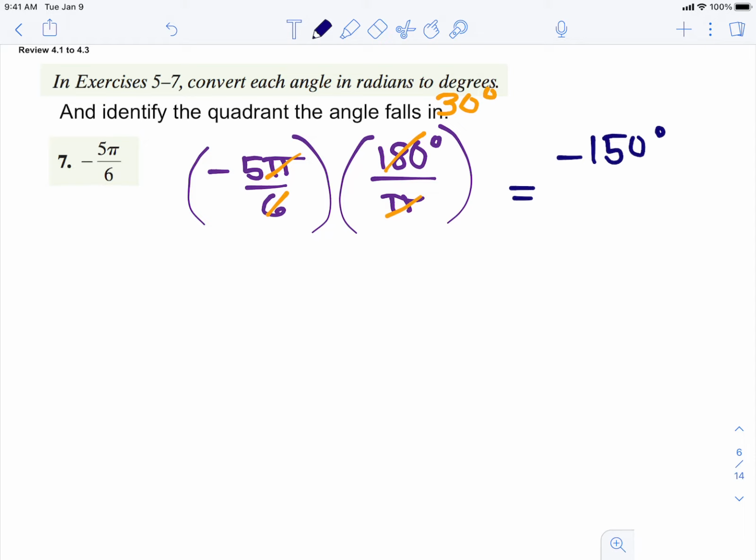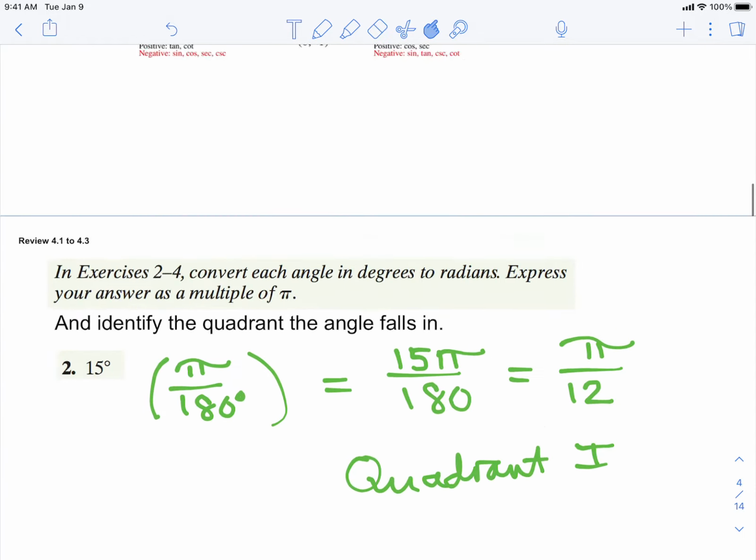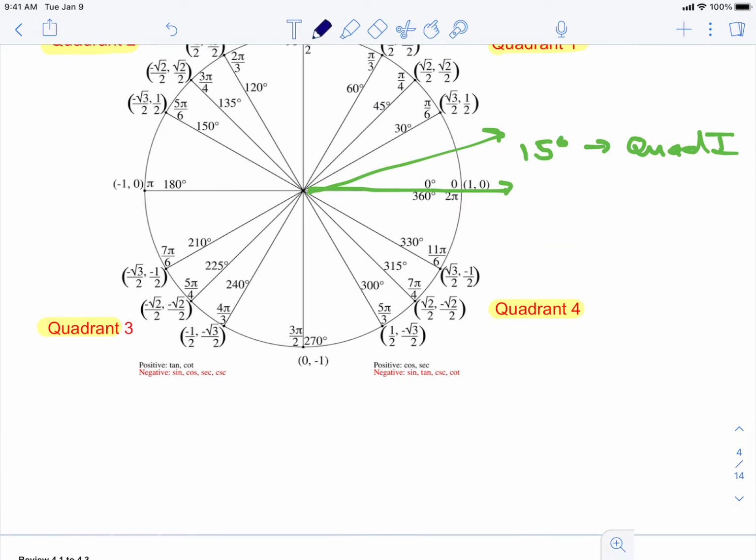Then it says, find the quadrant in which it falls. So if we go up, this would be negative 30 degrees, negative 60, negative 90, negative 120, negative 150. So this angle right here is negative 150 degrees.